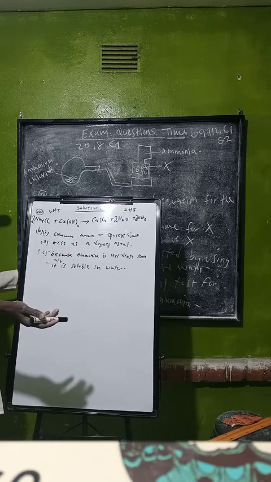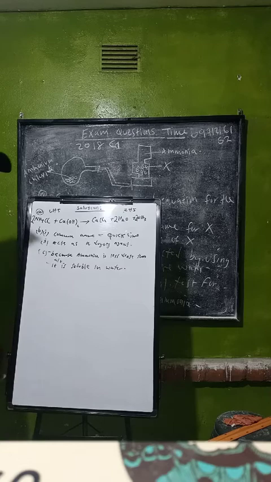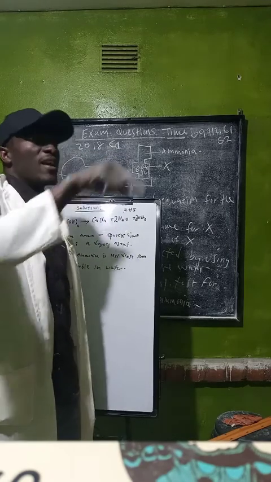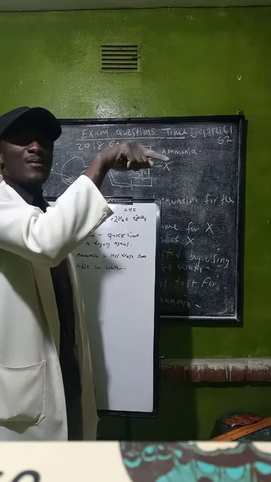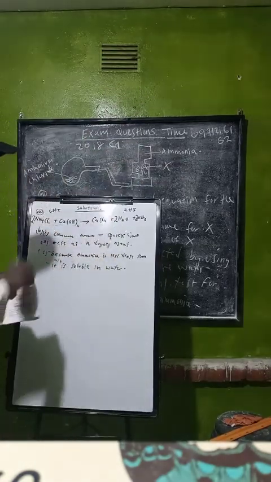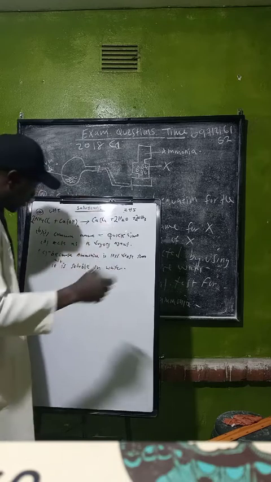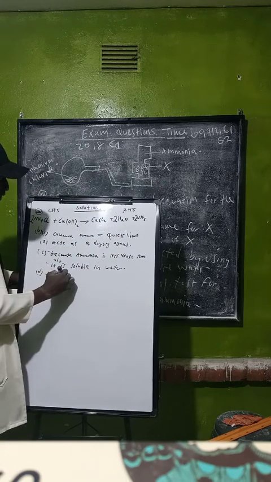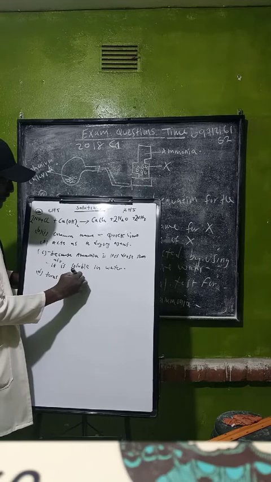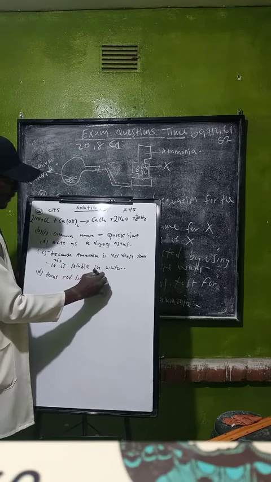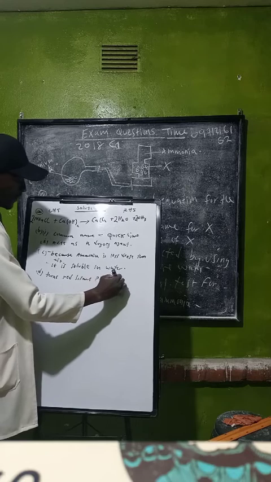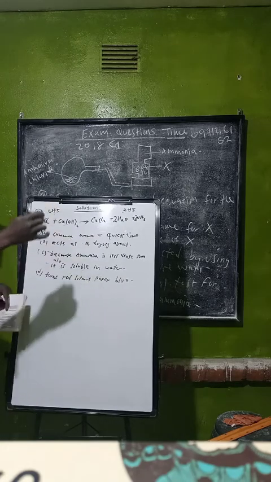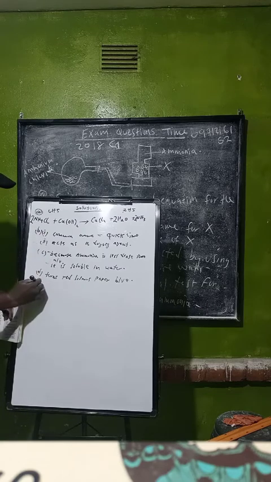D, describe the chemical test for ammonia. If you watch the video, just at the beginning, it will tell you to say ammonia turns damp red litmus paper blue. That is the chemical test for ammonia. The last one: state 2 uses of ammonia.